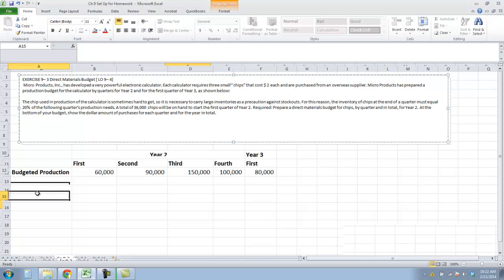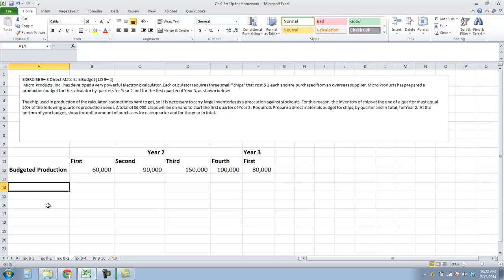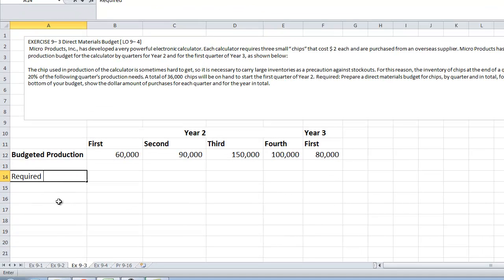So, given information. Required ending inventory, 20% of next quarter's budget.